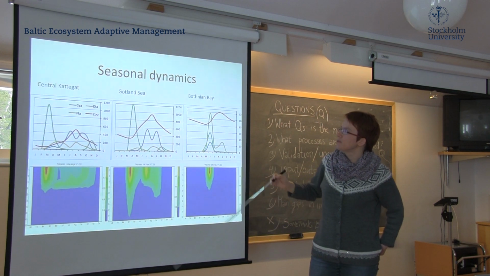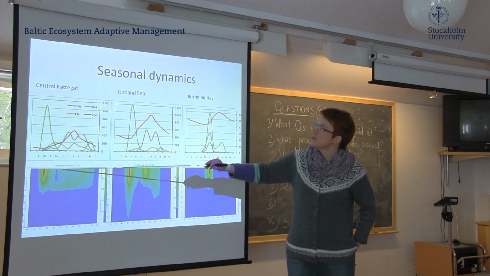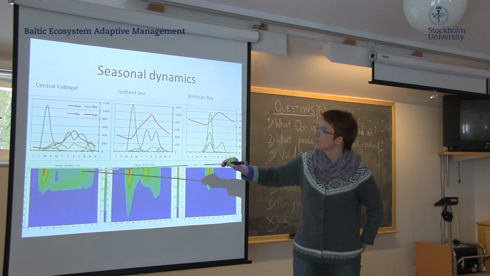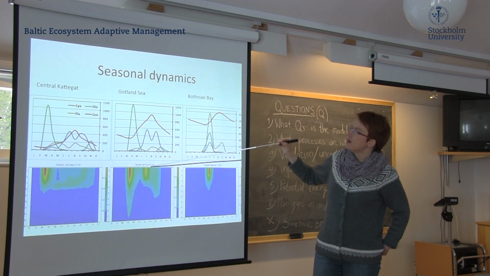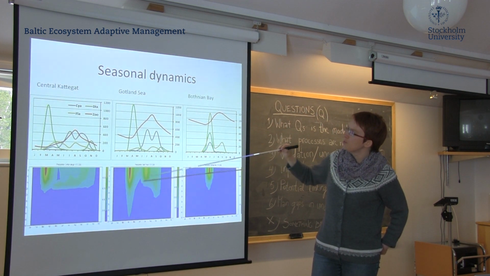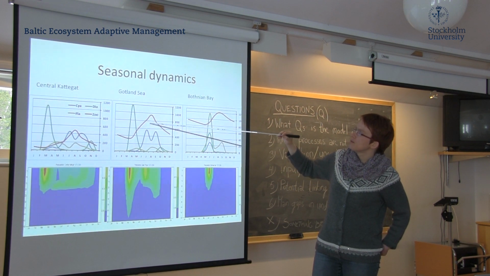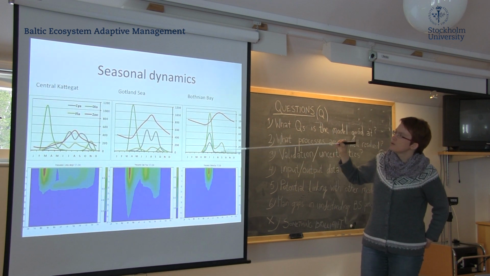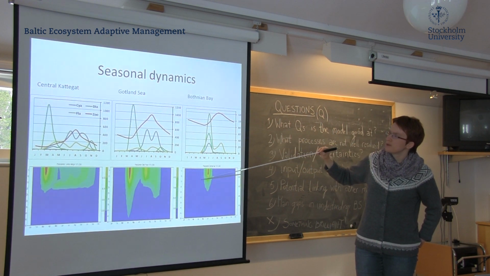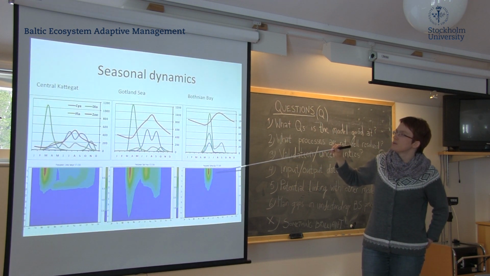And for example, you can see that you resolve a spring bloom, and then you resolve some reduced summer growth. And for the Gotland Sea, you resolve spring bloom, you resolve some growth in summer, which are cyanobacterial blooms here actually. And for the Bothnian Bay, you can see that you pretty much reduce to one bloom, which is in the middle of summer, so it makes sense.